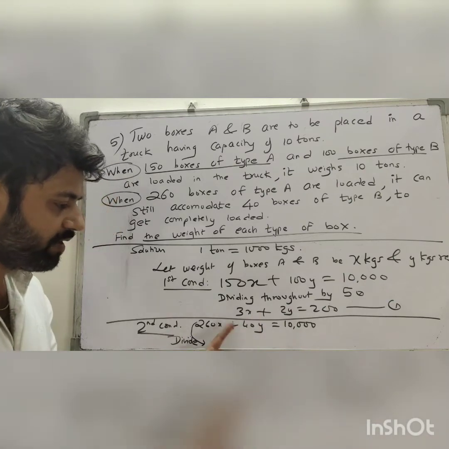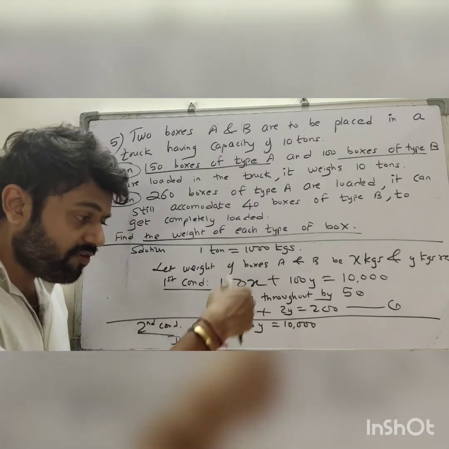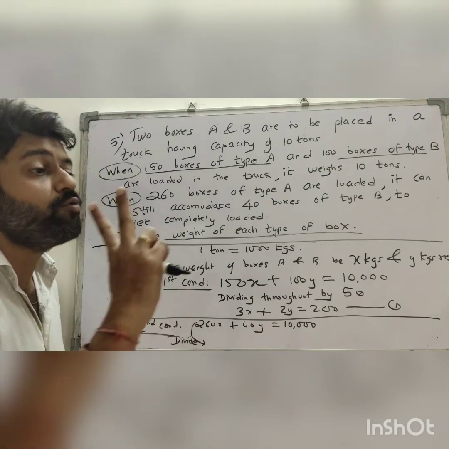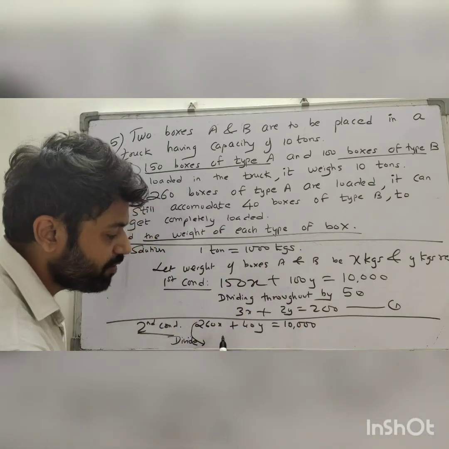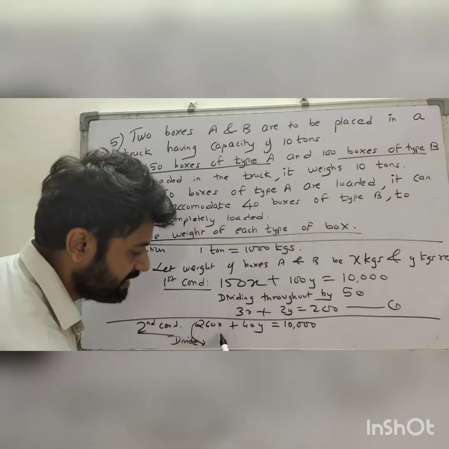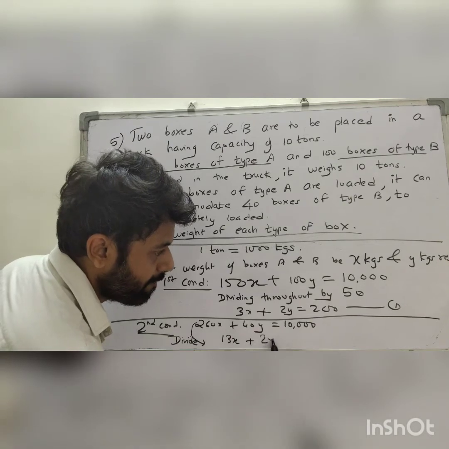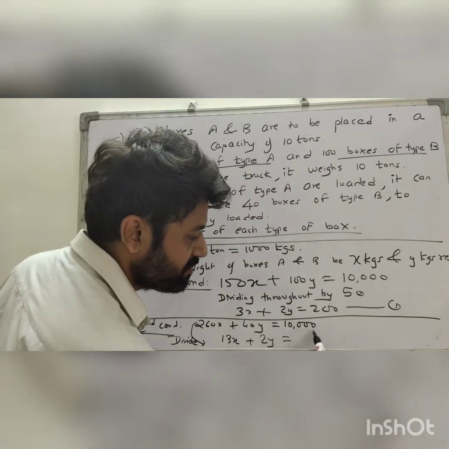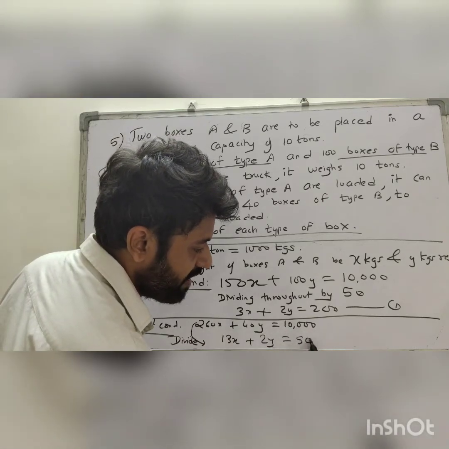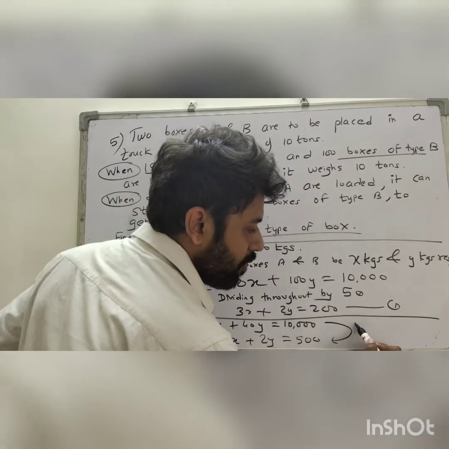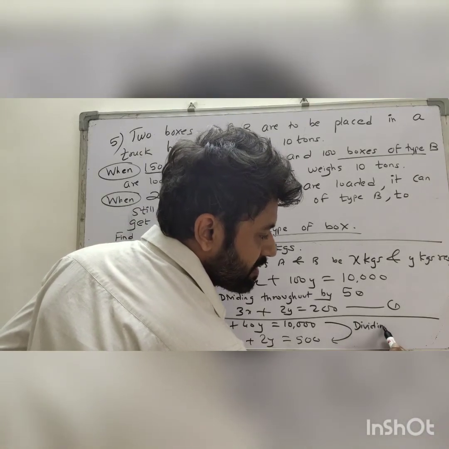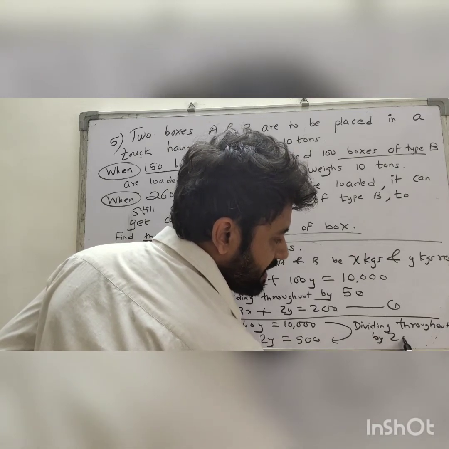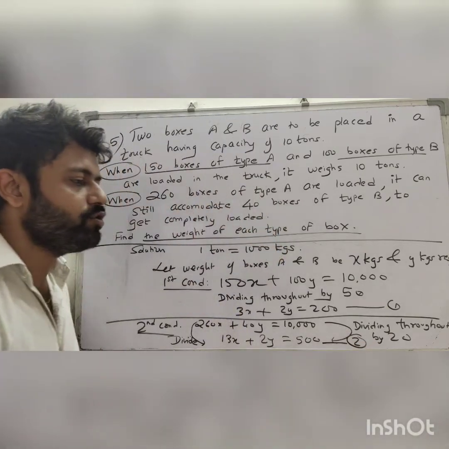We can divide by 10, I get 4 and 26, and then one more factor can get cancelled, that is 2. So dividing by 20, we get 13x plus 2y is equal to 500. 2 fives are 10, 500. Here you have done dividing throughout by 20, and this is your equation number 2.